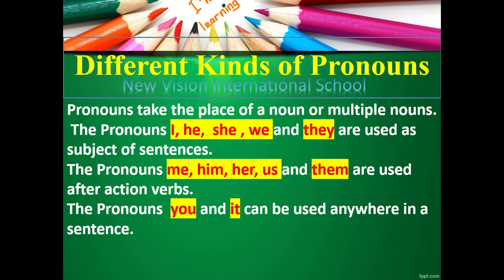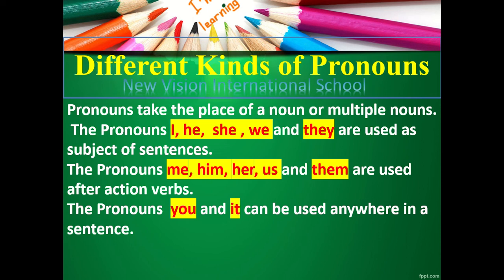So we have different kinds of pronouns. Since we tackled pronouns, for sure you remember what is the usage of a pronoun, right? So pronouns take the place of a noun or multiple nouns.